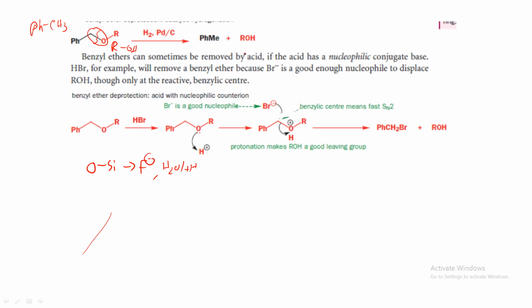So we need to use these protecting groups carefully, looking at the possible side reactions during their deprotection. That's why there are various protecting groups, to tackle selectivity with other functional groups present in your molecule.